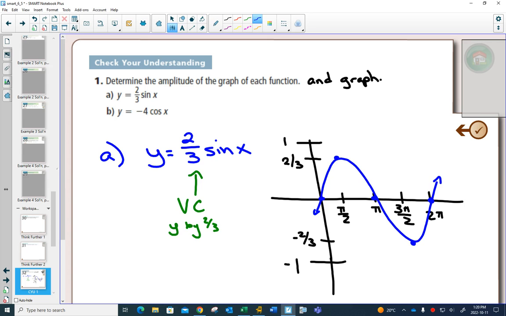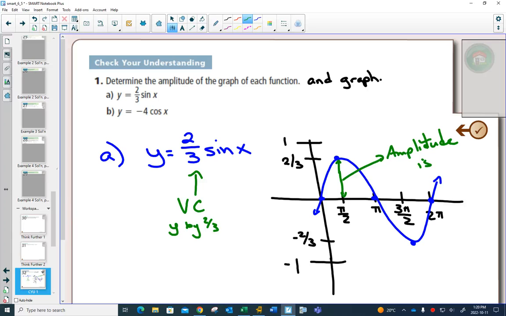So since we had a vertical compression, the only thing that really changed was the amplitude. And the amplitude is the measurement from the center to a maximum or the center to the minimum. What's this distance?